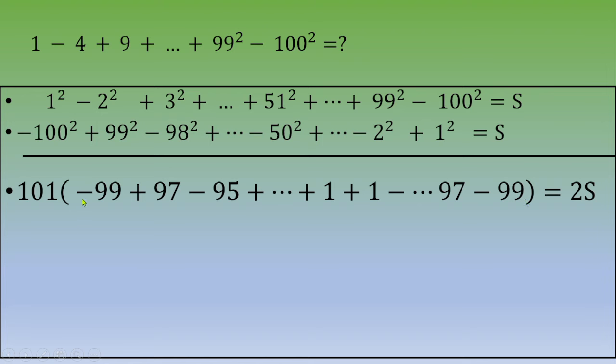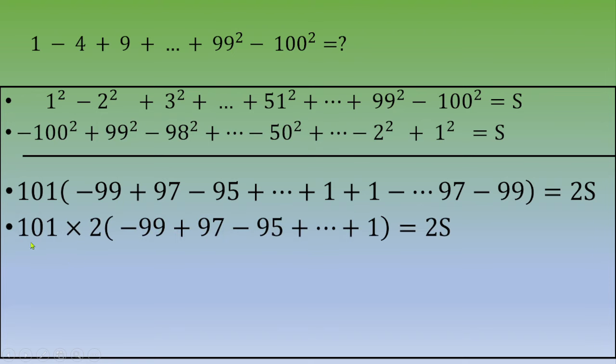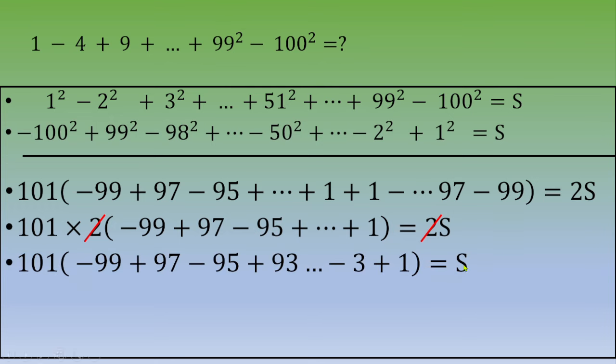You can notice that every time you've got 2 times the same number. So you can say this is 101 times 2 times negative 99 plus 97 minus 95 plus all the way down to 1, and this is equal to 2 capital S. Now you can simplify by 2 and you get, at the end, capital S.